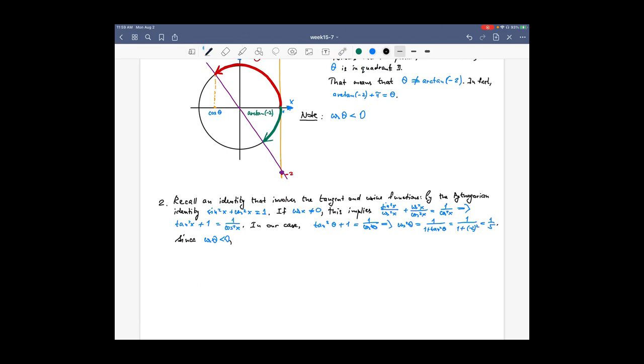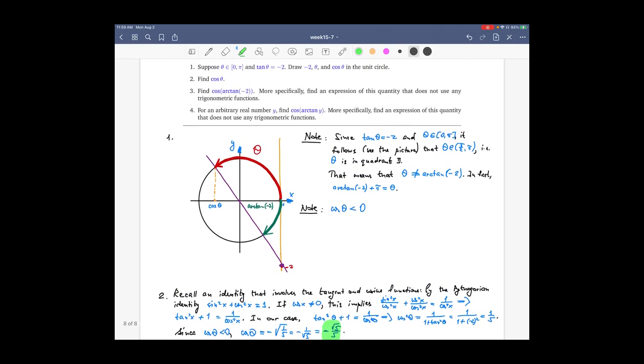This immediately implies that cosine theta is negative root of 1/5, which is negative root 5 over 5. That finishes part 2.